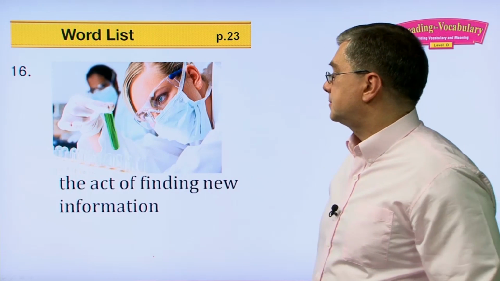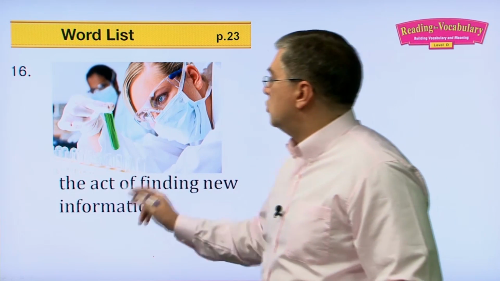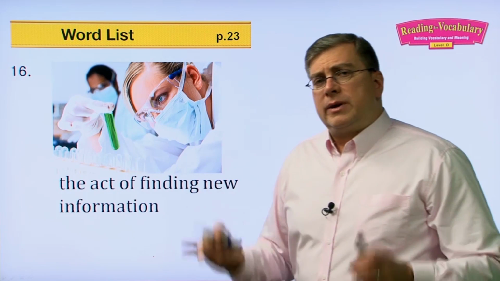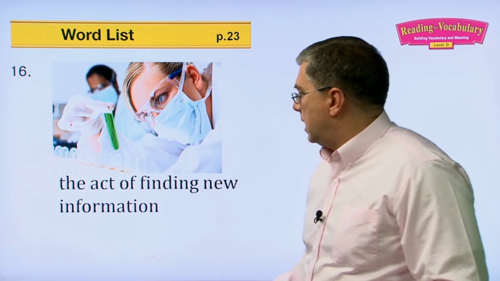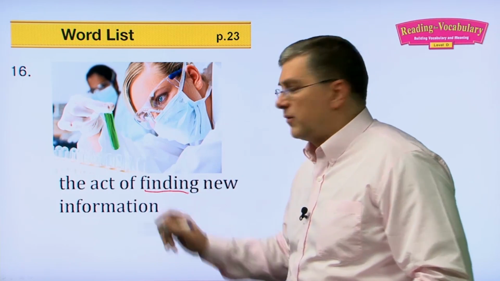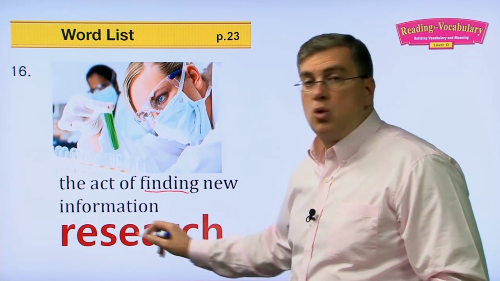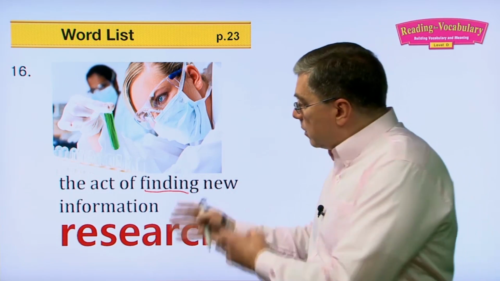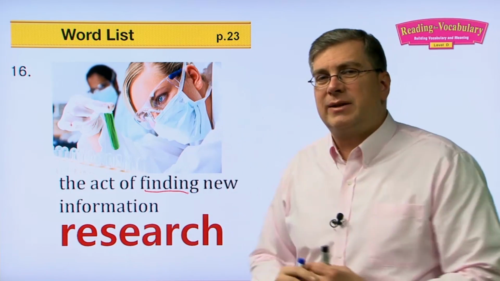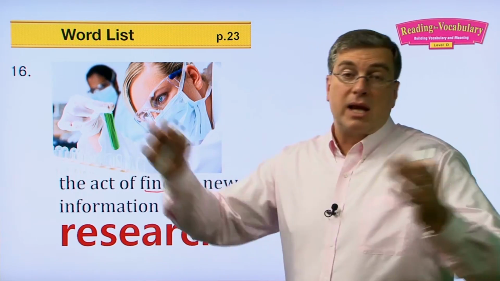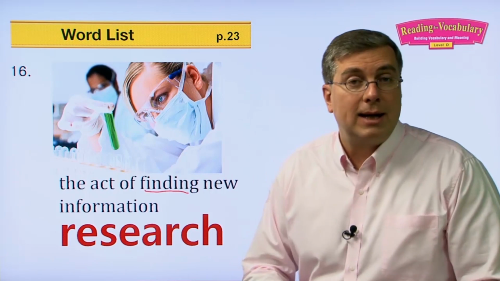Okay, the next one. The act of finding new information. So this is what scientists do all the time. They're trying to find new information. So they do research. Usually when we talk about research, of course, scientists do a lot of research, but many other people do research too, right?